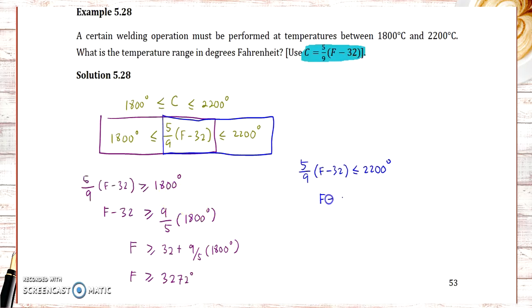We have F minus 32 less than or equal to 9 over 5 times 2200 degrees, and F less than or equal to 32 plus 9 over 5 times 2200 degrees. Calculating this, we get F less than or equal to 3992 degrees.